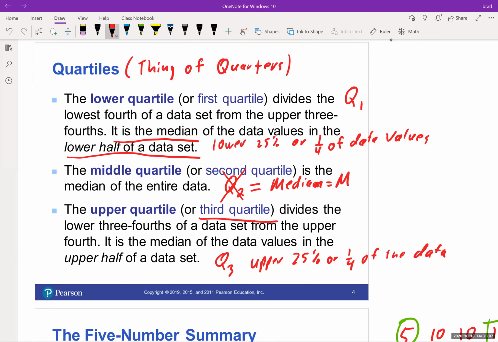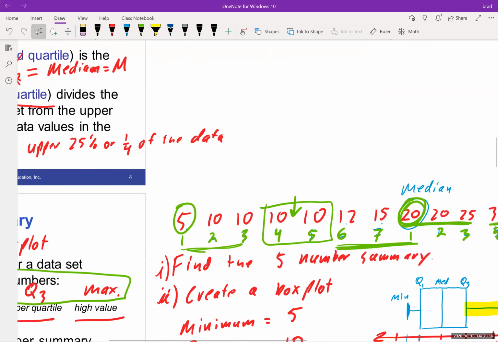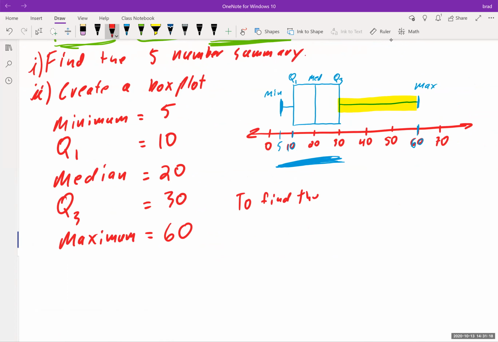So you take the bottom 50%, and then you find the median of those data values. So you do exactly what I did here. To find Q1, take the median.